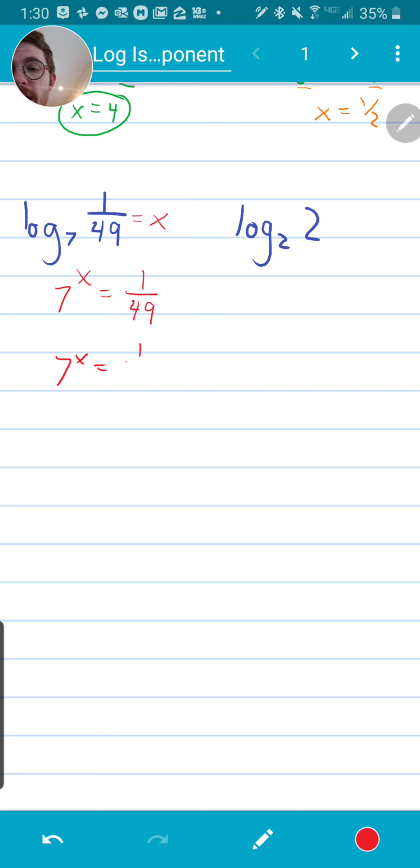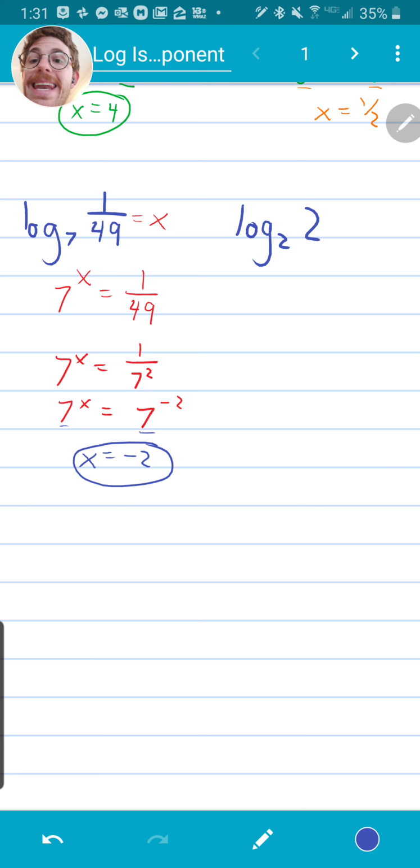I know 49 is 7 squared. And I can rewrite this making the bases exactly the same. 1 over 7 squared is the same thing as 7 to the negative second power. Once the bases are the same, notice we can compare those exponents. x equals negative 2.